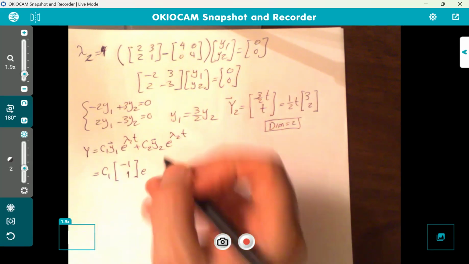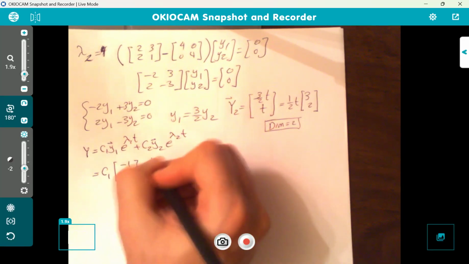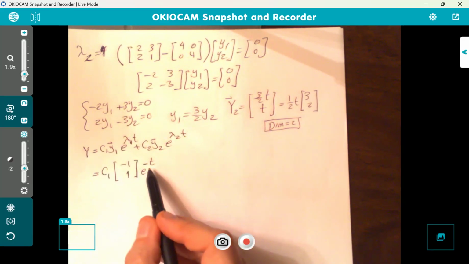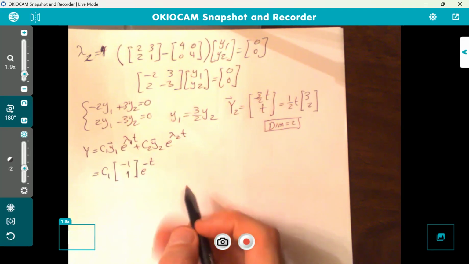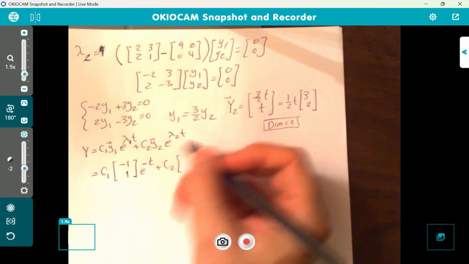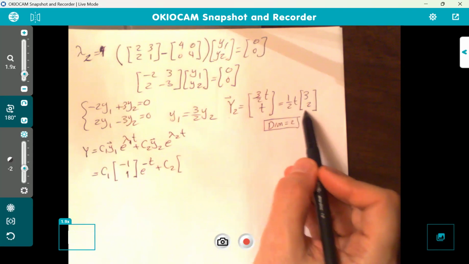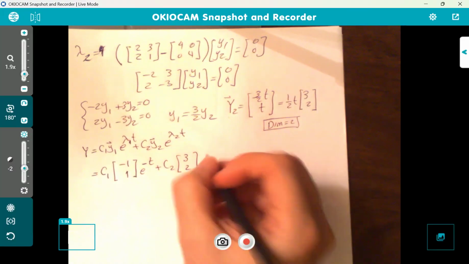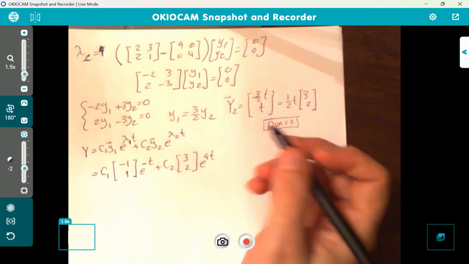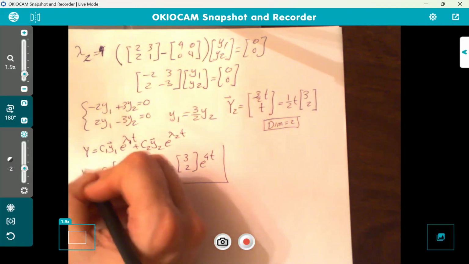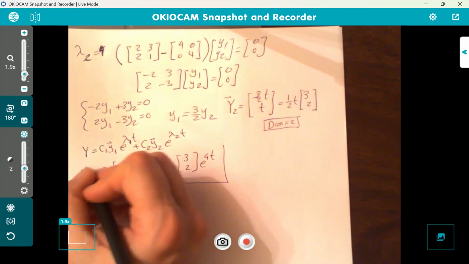That will help us determine these constants. But right now, we're going to leave them alone. Remember, the first eigenvalue I had was negative 1, so this is corresponding to negative 1. That's the first one, plus C2, and y2 is this one, 3, 2. Any multiple of that, by the way, works. e^(4t). And there you go. This will give you a family of solutions.